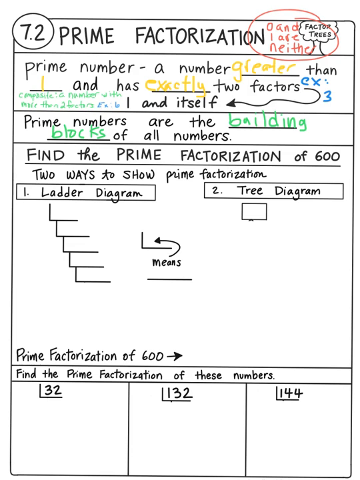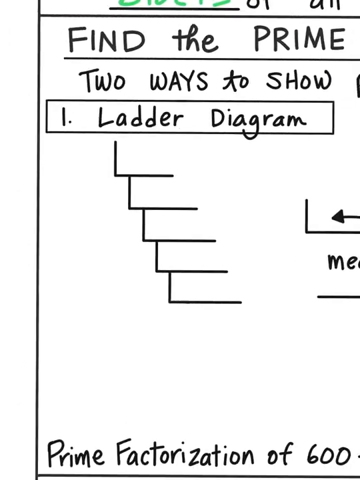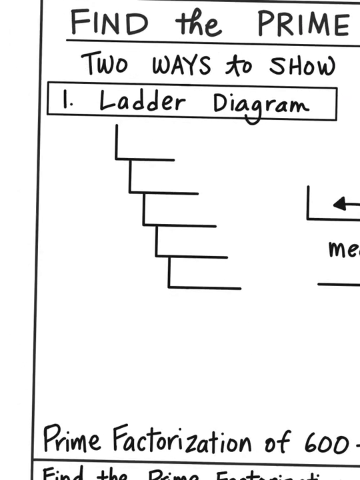So one of those is called the ladder or step model. If we're going to find the prime factorization of 600, we're going to start with 600 at the top of the ladder because that's the number that we're trying to break down. The thing that you have to be careful of with the ladder or step model is that when we pull out factors, we always want to pull out a prime factor.